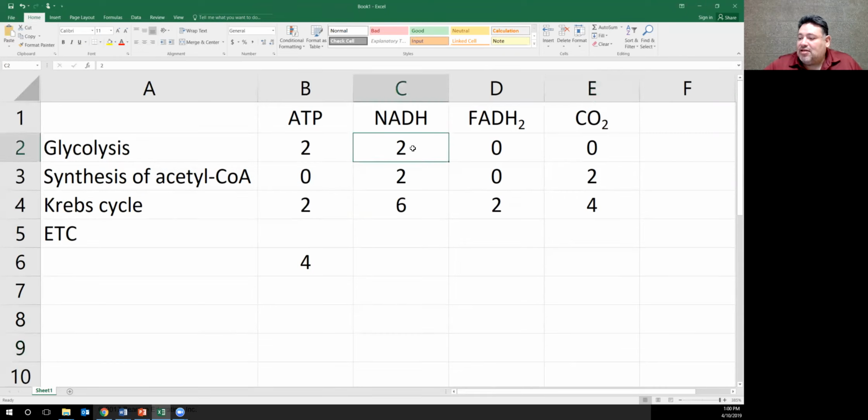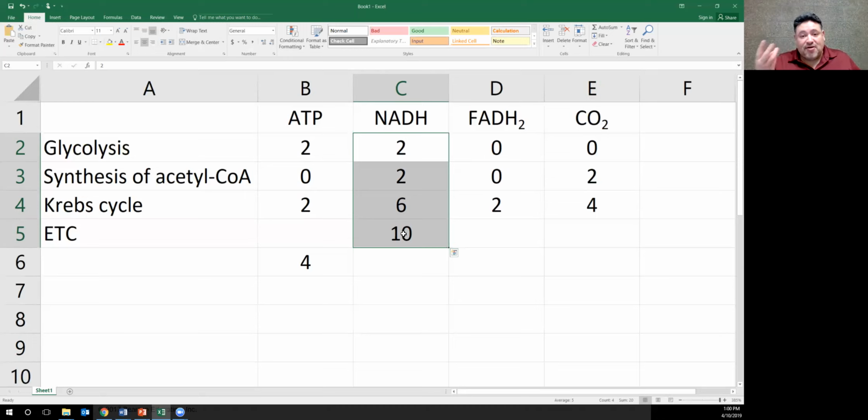How about NADH? What I'm trying to tell you is that when we add this, this NADH in the electron transport chain, for every NADH that goes in, 3 ATPs come out. 3.